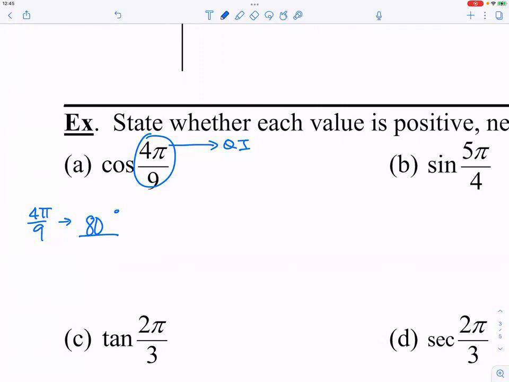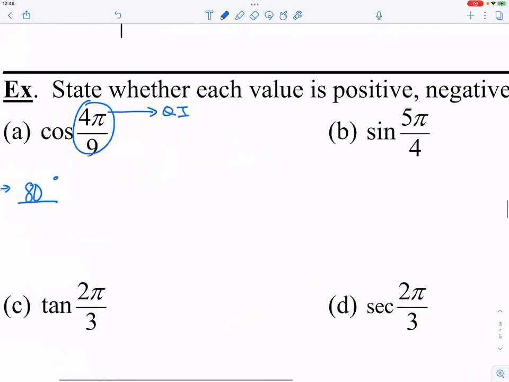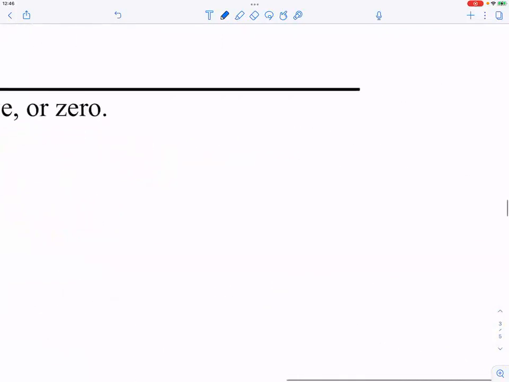Okay. Now, what I'm going to teach you is called comparison. You want to find some reference value to compare. For example, pi over 2.